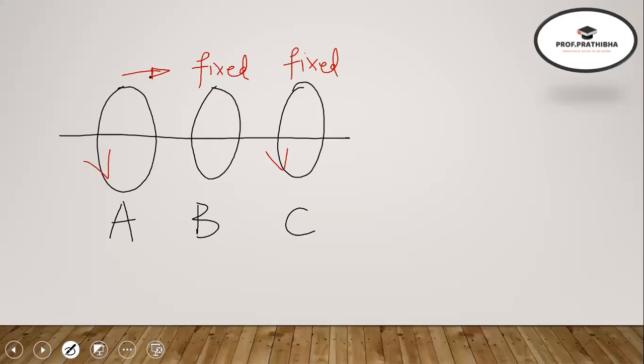And if you believe there will be a current in B, what would be the direction of that current?